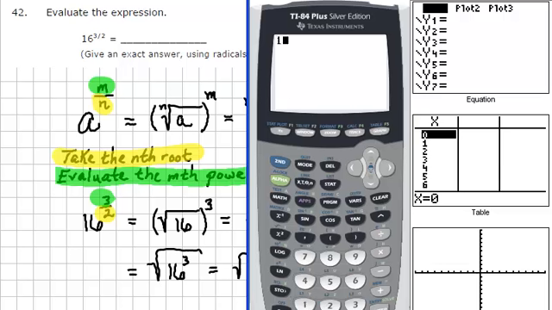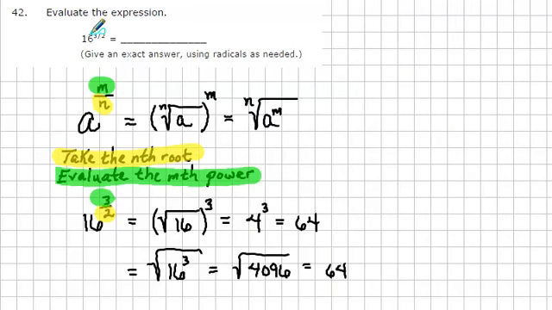So enter 16 raised to, in parentheses, 3 divided by 2, and then press enter, and you can see that the result is 64. So what is 16 to the 3/2 power? It's equal to the number 64.